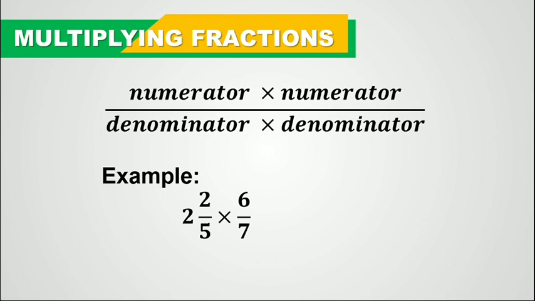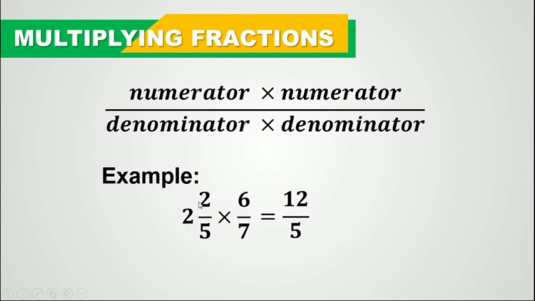Let's try this mixed number. Let's multiply this 2 and 2/5 by this proper fraction, 6 over 7. The first thing that you need to do is to rewrite this mixed number into an improper fraction. So multiply the denominator by the whole number and then add the numerator.